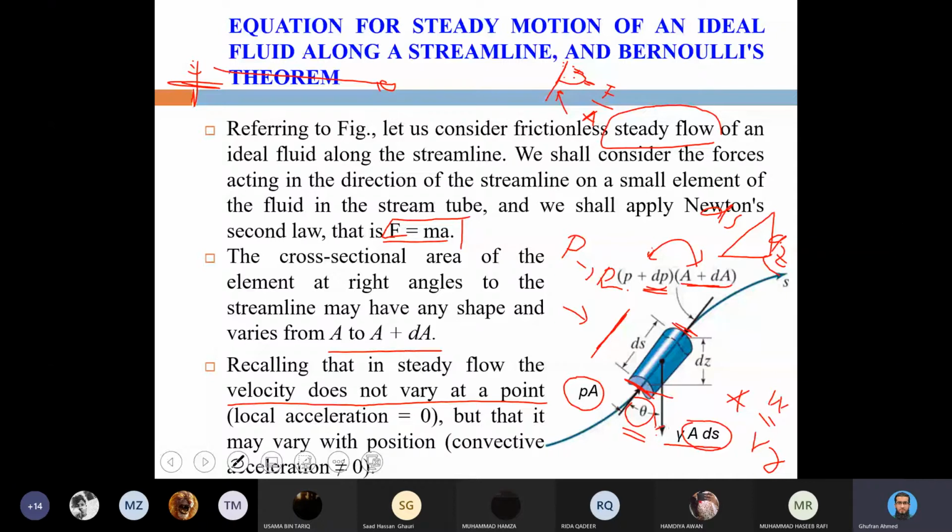F is equal to ma is the main principle of finding the forces in fluid dynamics. If we consider gravity force, pressure force, compressibility force, viscous force, etc., the form of the equation changes. The minimum number of parameters included in Newton's second law for Euler's equation are two: one is the pressure force and the other is the weight force.